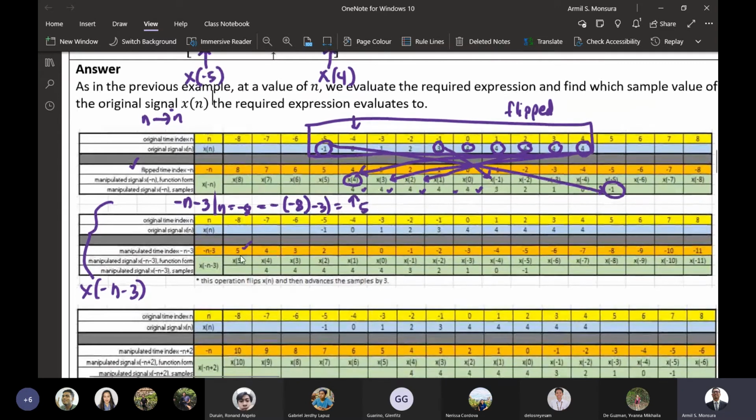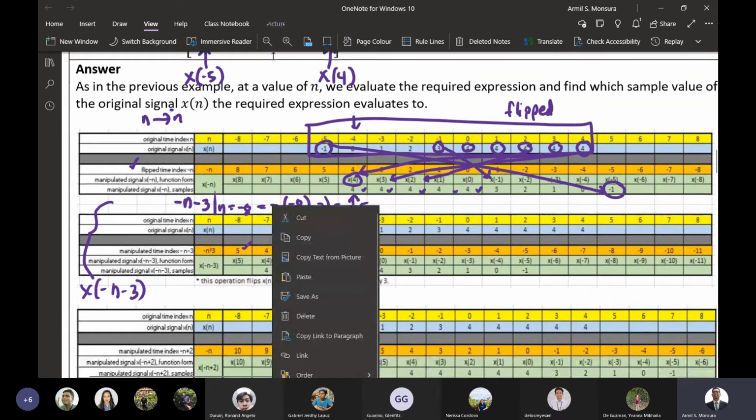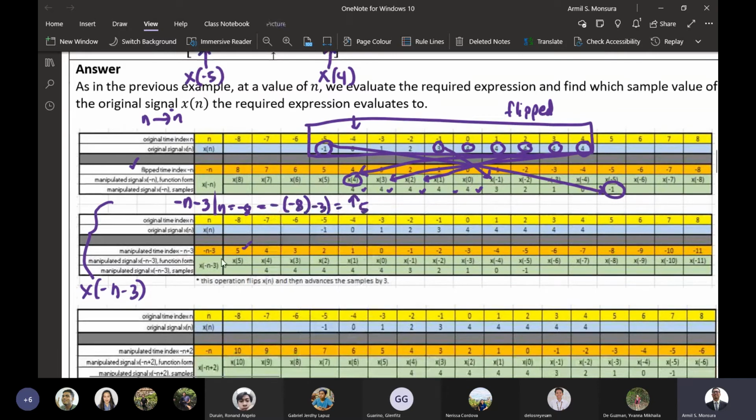So, kung gagamitin natin itong manipulated time index niyo to index the original signal, this is x of 5, x of 4, x of 3, x of 2, and so on. And matatake note natin na dito unang mag-a-appear yung x of 4, which is the last non-zero signal value of your original signal.